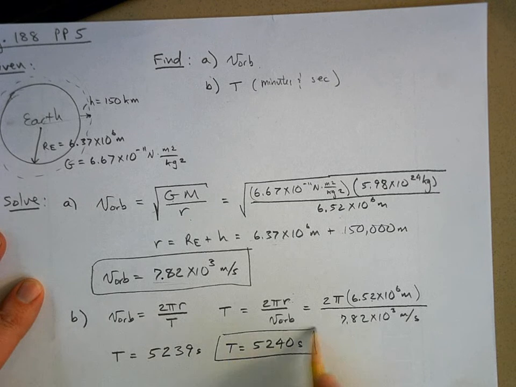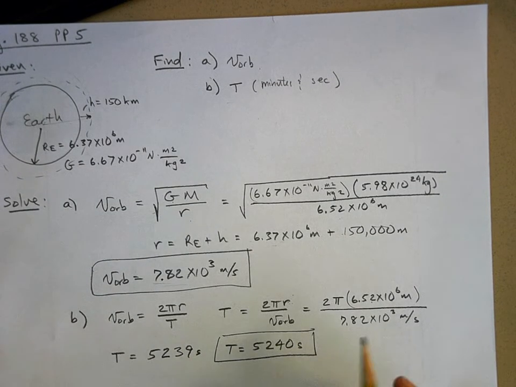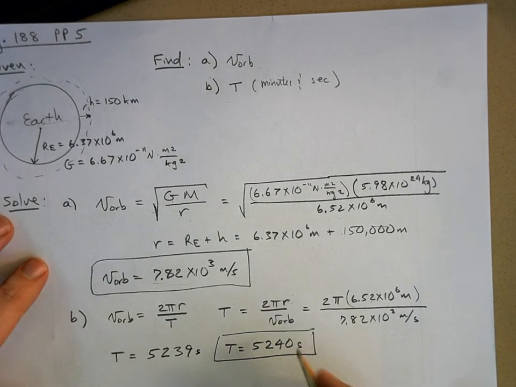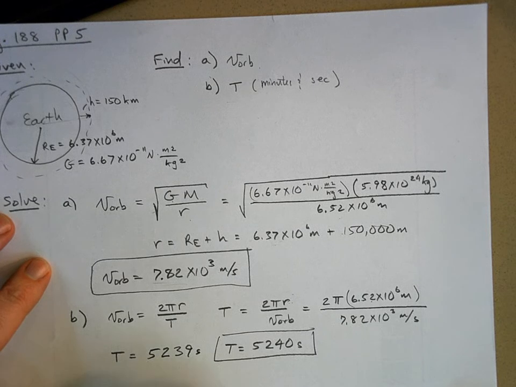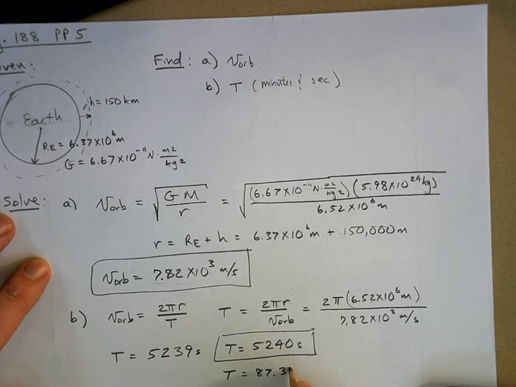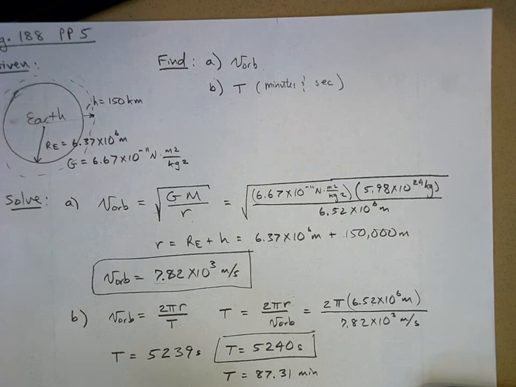Now I'll accept that as your answer, but what if we wanted it in minutes and seconds? Because I don't really have a feeling for how long that many seconds is. So let's divide it by 60, and you get 87.31. Now you could put 0.31 minutes, but it said minutes and seconds, didn't it?